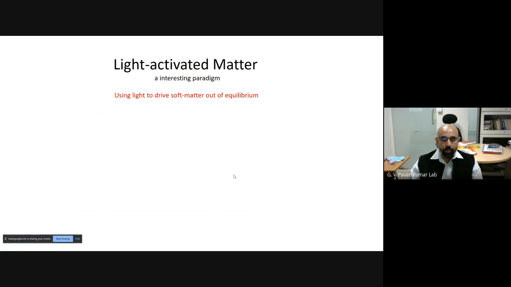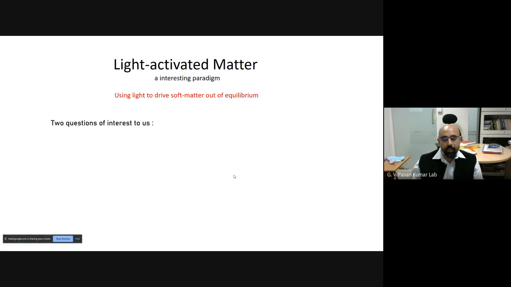This process of light activated matter creates some very interesting opportunities to study systems out of equilibrium. And given that you can control and manipulate light with an extremely high degree of accuracy, it creates some very interesting opportunities.